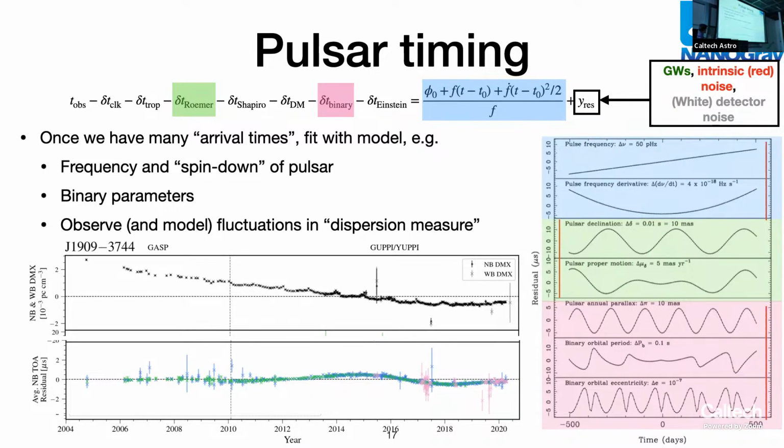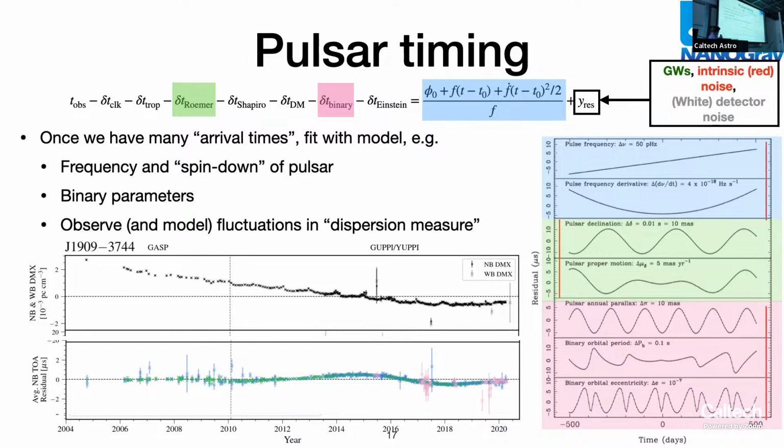So over here on the right, if we're predicting when pulses arrive and we get one of these pieces wrong, say the Romer delay, let's say we get the position, the declination of the pulsar wrong on the sky, then we'll have errors in our prediction for when the pulses arrive that look sinusoidal with a period of roughly a year. If we're getting the frequency of the rotation wrong, then we're just going to see a linear offset in how badly we're predicting these arrivals.